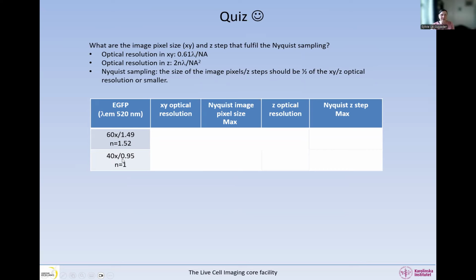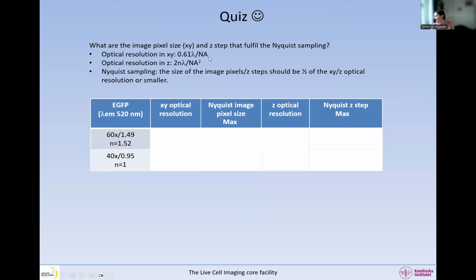The 40x is an air objective, so the refractive index of the immersion medium is 1. The other is an oil objective, so the refractive index of the immersion medium is 1.52. We're imaging EGFP, so the emission wavelength is this. What is the optical resolution for these 2 objectives in XY? It's 0.61 λ divided by NA.